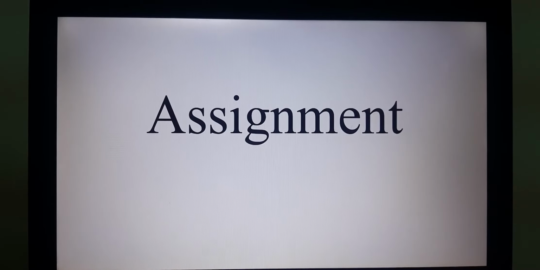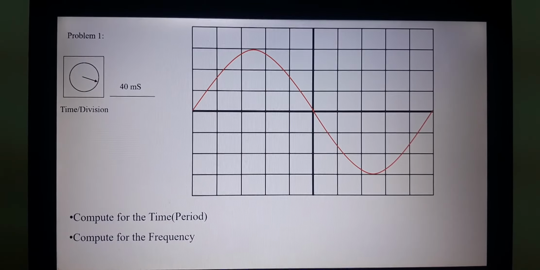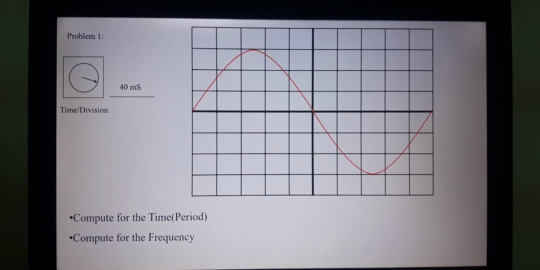Now, assignment. Compute for the time and frequency of this given problem. I have here at least 3 problems for you to compute and to be submitted to me on our next online meeting.